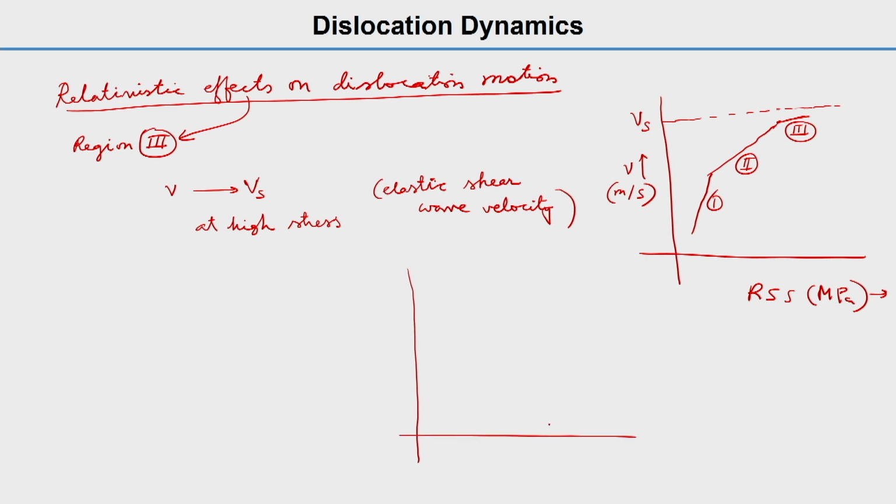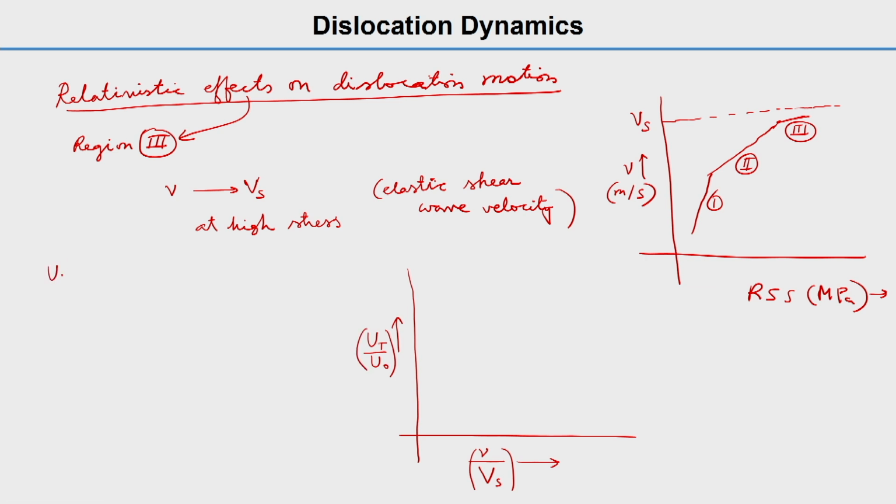This is another plot. The velocity of dislocation, small v divided by capital Vs, is on the x-axis, and then Ut by U naught, I'll tell you what that is, is on the y-axis.